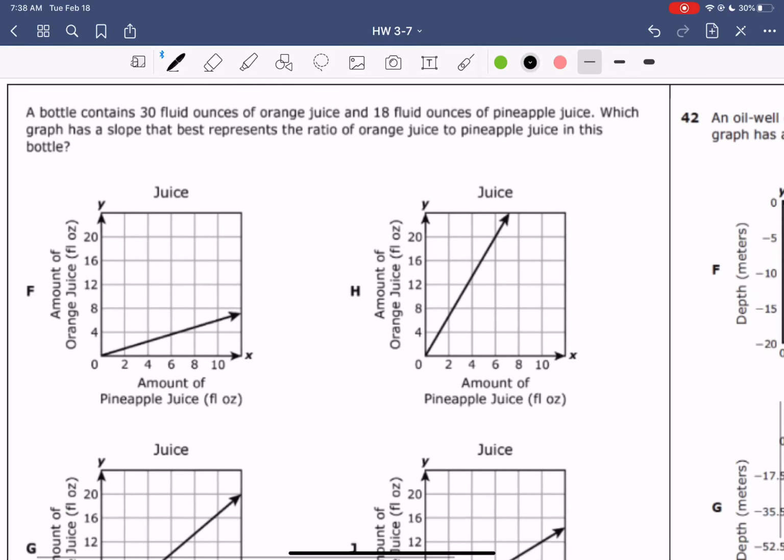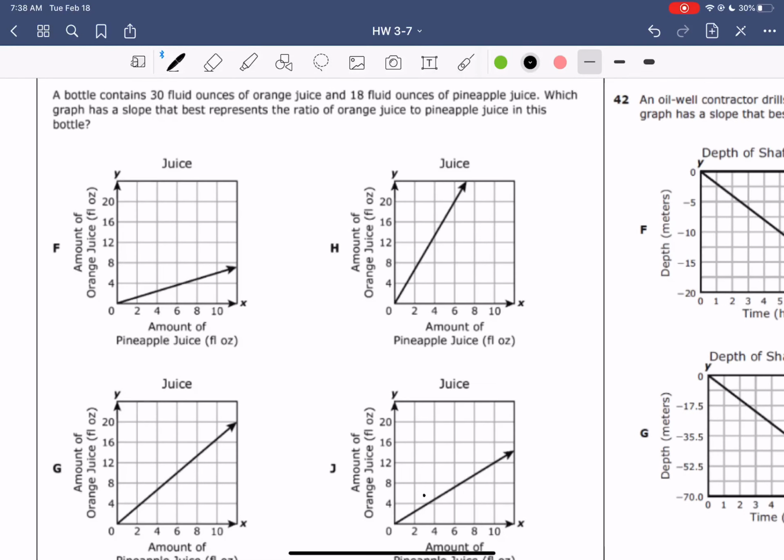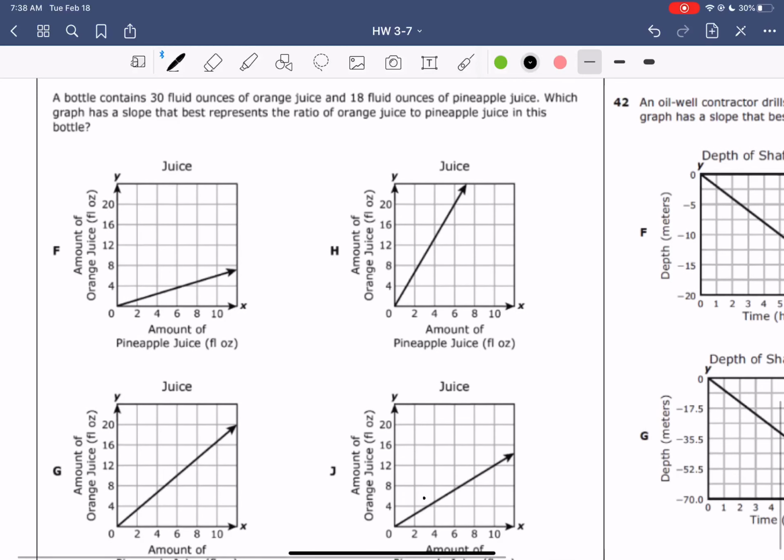All right, here is our star bonus question. It says a bottle contains 30 fluid ounces of orange juice and 15 ounces of pineapple juice. Which graph has a slope to best represent the ratio of orange juice to pineapple juice in the bottle?